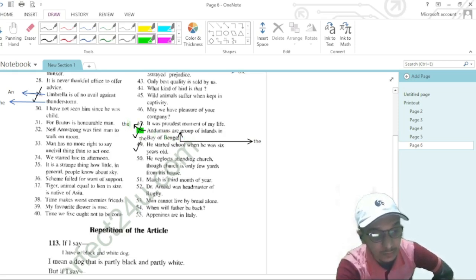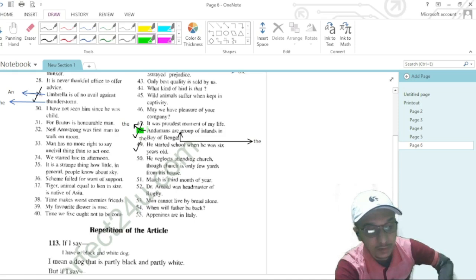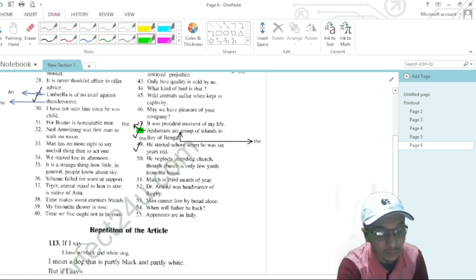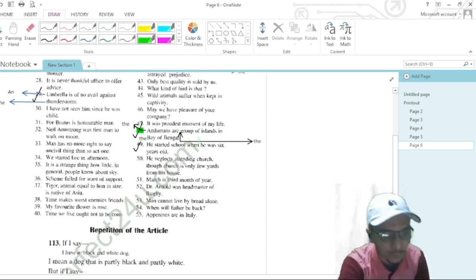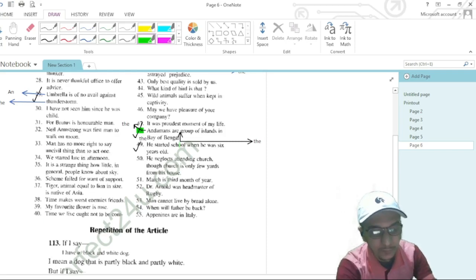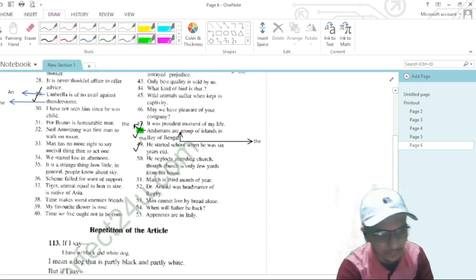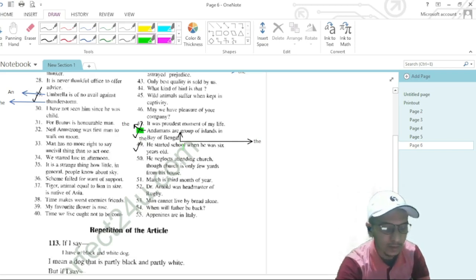The Andaman is a particular island, so every word will be included with the definite article the.